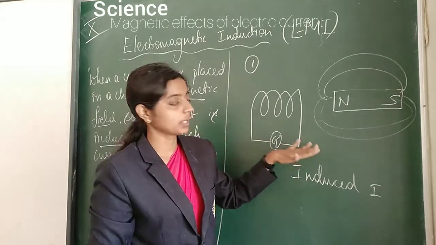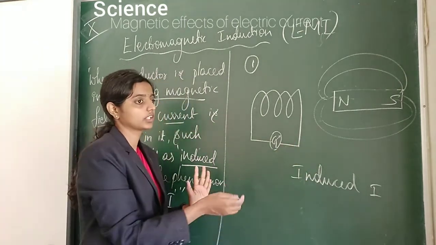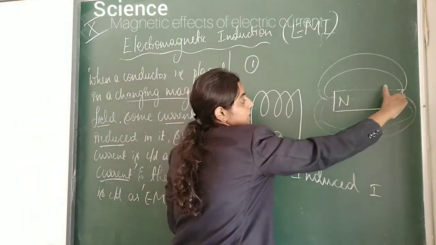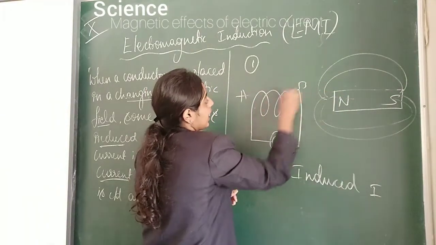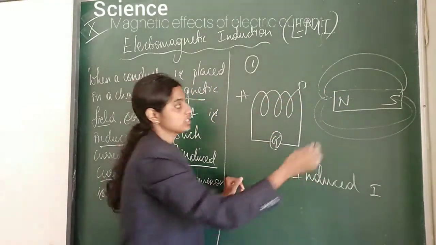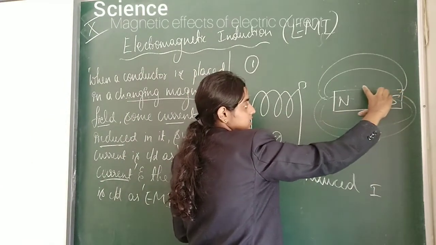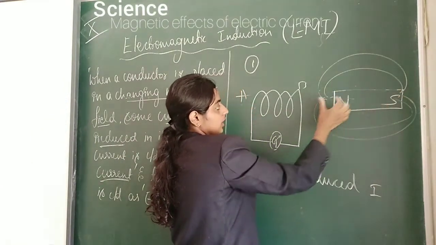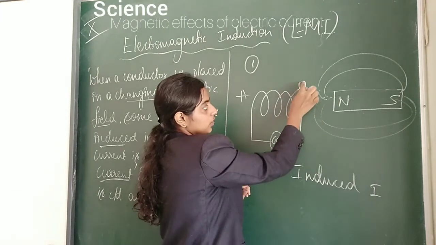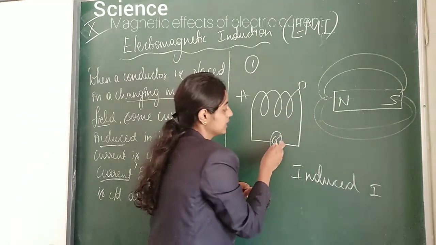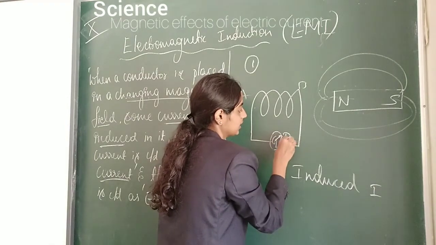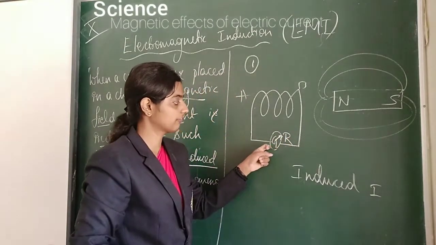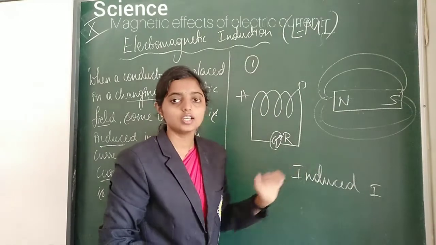At the same time, we need to remember one more thing. When we started to move, let us assume the ends of the coil are A and B. When the magnet started to come towards end B of this coil, the deflection is shown towards the right side.